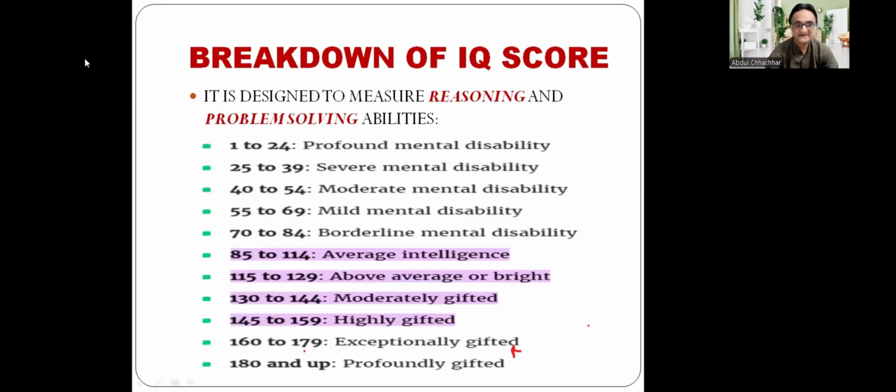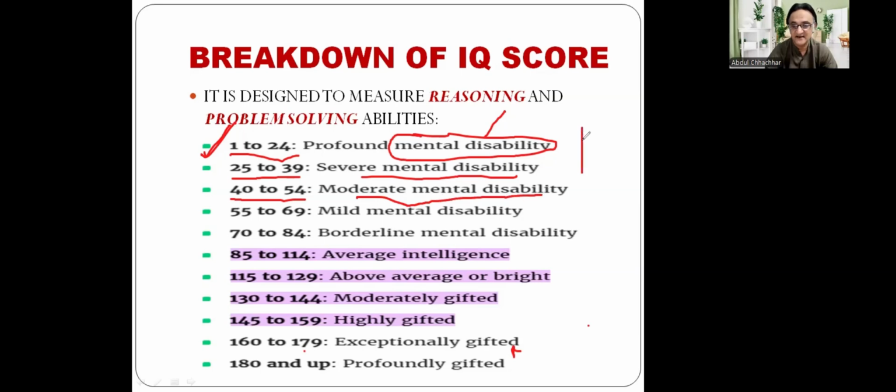IQ levels first. If a student falls between 1 to 24, that is a profound mental disability. That means the child has a mental disability. Similarly, 25 to 39 is a severe mental disability. From 40 to 54 is a moderate disability.